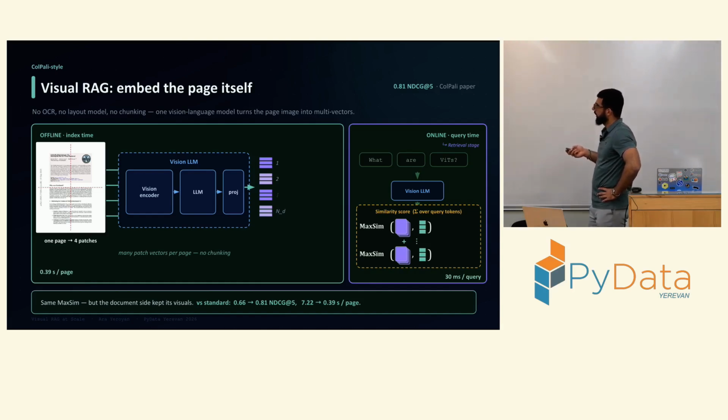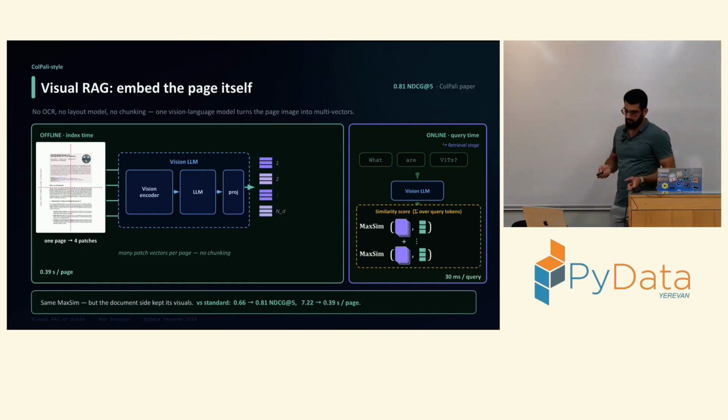For each query token, it does the attention and then maximizes over the document patches, finding the most relevant vector over these 1,000 patches. In the later slides, it will probably be much easier to see. And it just takes the max similarity score. This is proven to yield better results.